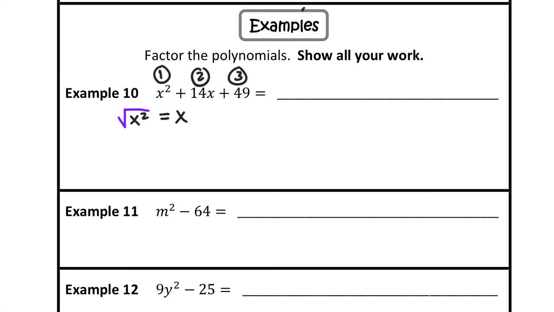Yes, gives me x. Can I square root the last term? What's the square root of 49? That's 7. Okay, so these check off. So that means that this is my A, and this is my B.